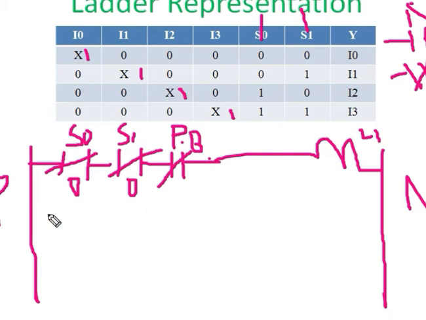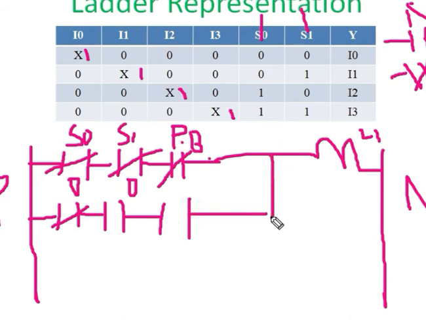Okay, next is I2. When we are selecting 0 1, you have to give this as a NC. This is 1 1, meaning you have to keep the NO, because we are applying force to make it NC. Okay guys, when I make 0 1, this represents 0, this represents 1. When I press this switch, it will become NC, and our load is getting on.